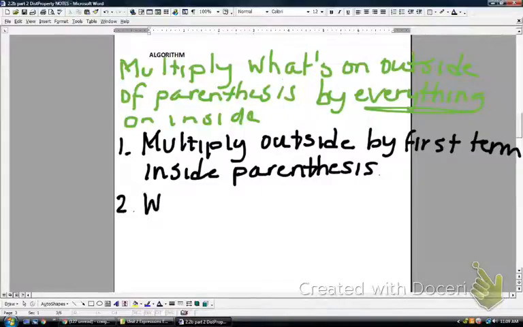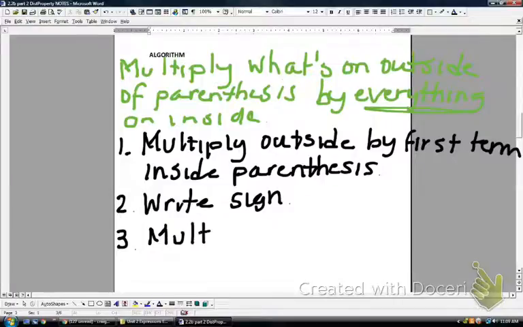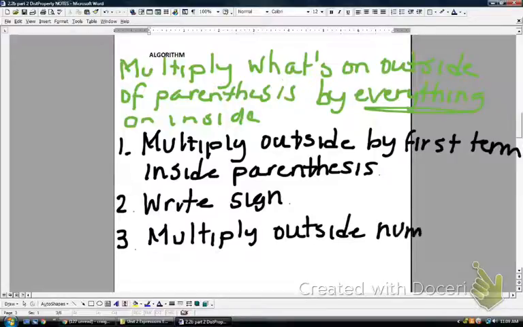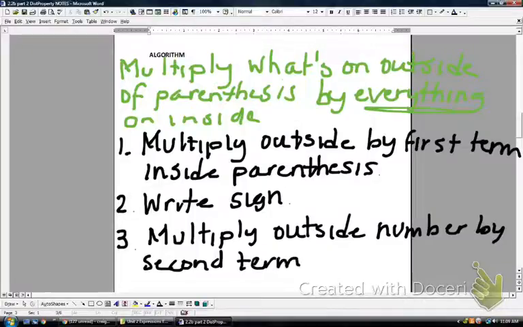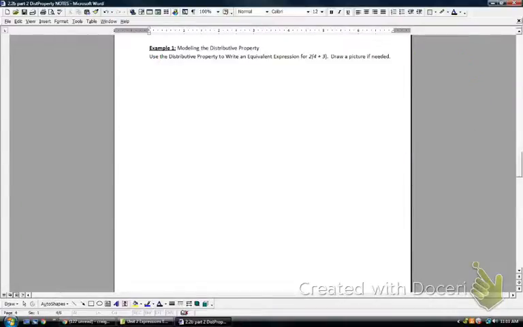Then write the sign. Then multiply outside number by the second term. And then if you have additional terms, you're going to repeat steps 2 and 3 as needed. So this will start to make sense when we look at some examples.